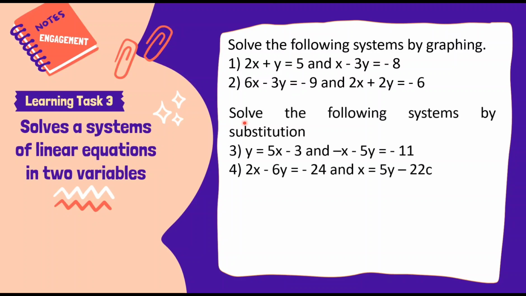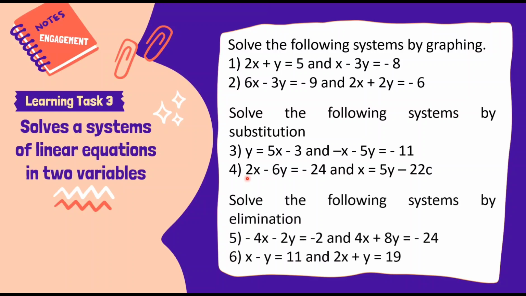And for the second one, solve the following systems by substitution naman. We have number 3 and number 4 equation. And for the last one, you need to solve the following systems by elimination. Again, you need to apply the process that we discussed in our lesson.